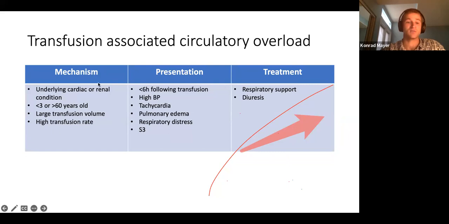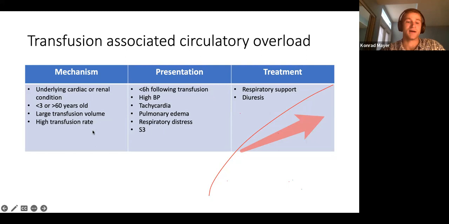So this occurs in patients that have an underlying cardiac or renal condition. Oftentimes, these patients are younger than 3 or older than 60, and they have been receiving a large transfusion volume at a rapid rate.